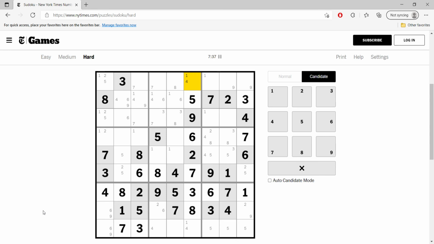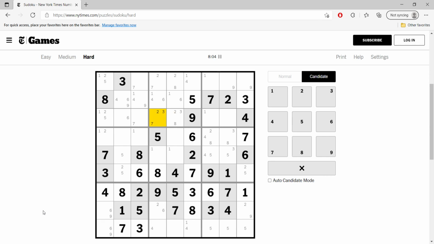But this is a triple now, 1, 4, 6, 1, 6, 1, 4. Well, it is a triple, but I don't know what it actually helps with because 2 is everywhere. I don't really see a restriction on 2 here.